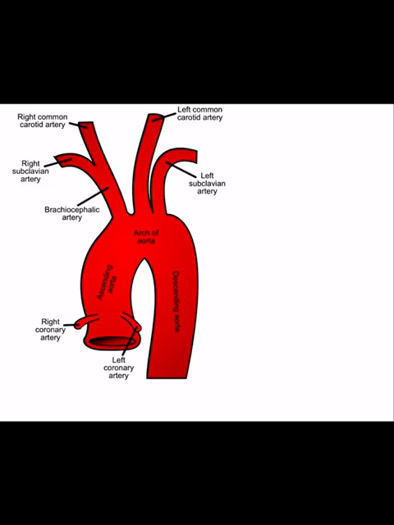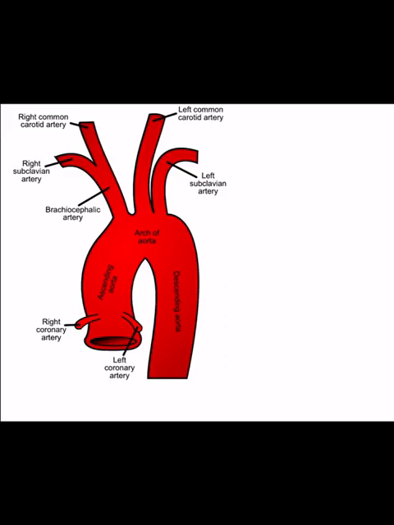Now another point that you have to know is that in the neck both arteries ascend upwards from the level of sternoclavicular joint, and to the level of this they have asked n number of times: to the level of upper border of thyroid cartilage. Even in NEET and AIIMS they have asked this question, and there are high chances that this question has been repeated many times. So just know that it is to the level of upper border of thyroid cartilage, at the upper border of C4, where they divide into internal and external carotid artery.